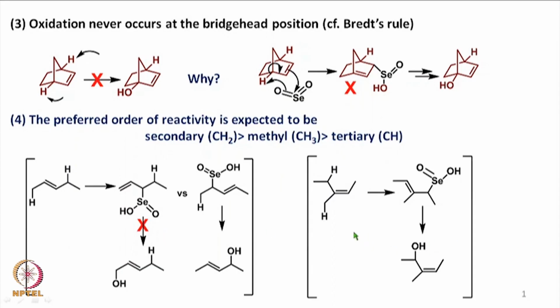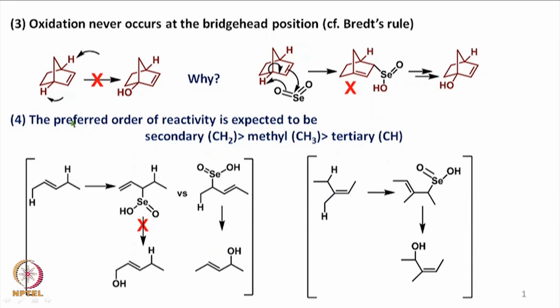In a similar fashion, if we take another example in which we have now three possibilities, there are two methyl allylic hydrogens and one secondary allylic hydrogen. According to the first rule, the more substituted side of the double bond is preferentially oxidized over the less substituted side. Now, these are the two more substituted sides of the double bond, and between the two of them, this is secondary CH2, which is allylic, and this is the methyl allylic hydrogen.